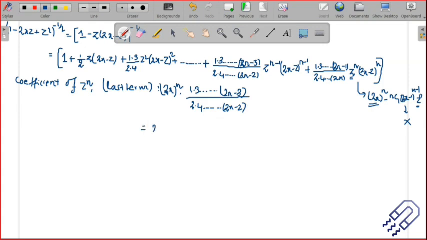I can just write it down as 2 to the power n and x to the power n, and at the denominator, you can take out 2 common here, and then there will be 1, 2 from here, 1, 2 from here, and here you can again take out 2 common, which is the nth term, you can say, and inside the bracket it will be nothing but n minus 1, okay? So you have to take care of how many terms there will be. So if I take a bracket here, this would be 1, 2, it will go up to n. Okay, understand this.